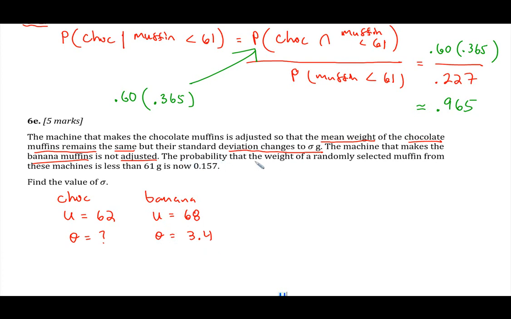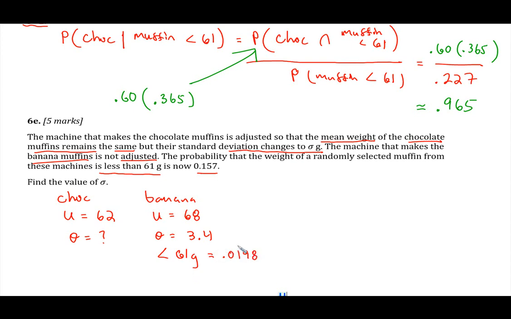The probability that the weight of a randomly selected muffin from these machines is less than 61 is now 0.157. Before, this value was 0.227. Now for the banana muffins, from part C, the probability of a banana muffin being less than 61 grams was 0.0198.